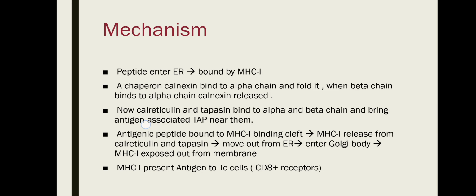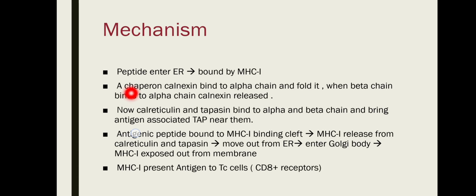Okay, we have already discussed that the TAP protein transports the antigenic peptide to the endoplasmic reticulum. Here it is mentioned that the peptide enters the endoplasmic reticulum and binds with the MHC-I molecule. So there is a molecular chaperone. Chaperone means a protein that folds a newly made protein in a way that it can be active.